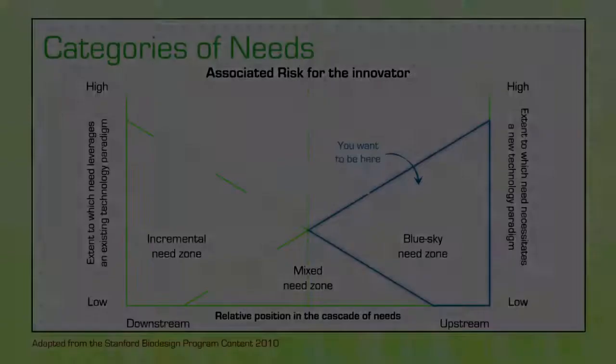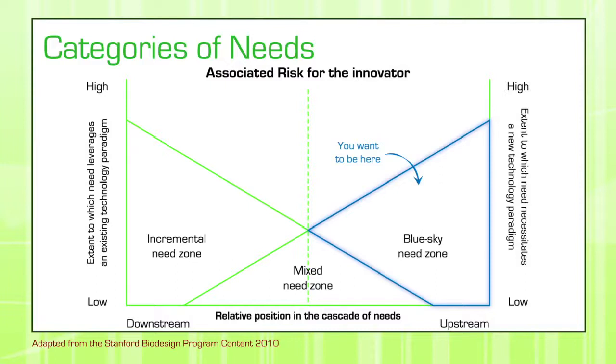And if you go into a solution that goes all the way to a blue sky or free area, you are going to be in the space where you want to be in the biodesign process, where competition is less, where there are really no good solutions, and where you can tackle the real root cause of a problem.